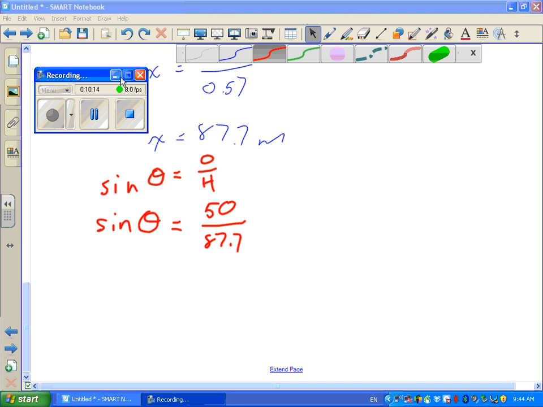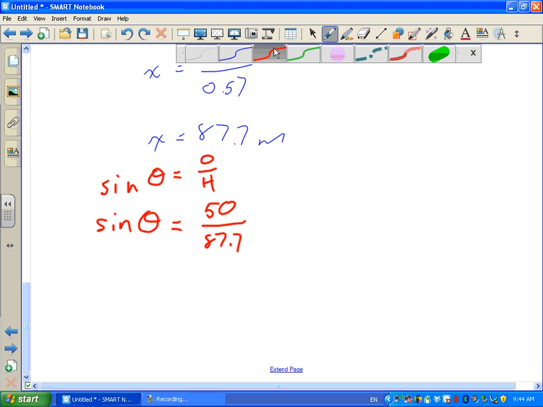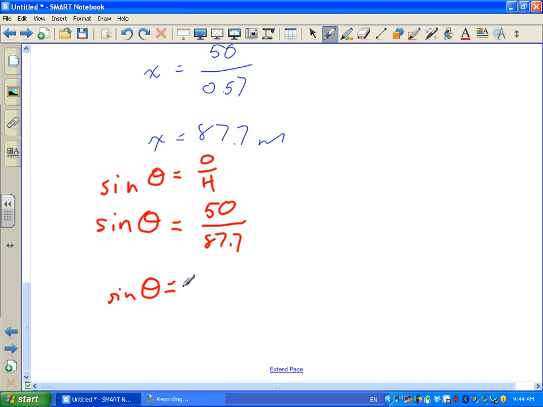Okay, let's finish this question. So, I have my sine theta. This is the difficult part that you guys need to be able to figure out. So, first of all, we do 50 divided by our hypotenuse, which is 87.7 we discovered. That's going to leave me with 0.57. Now, gentlemen, this is the part that's difficult.